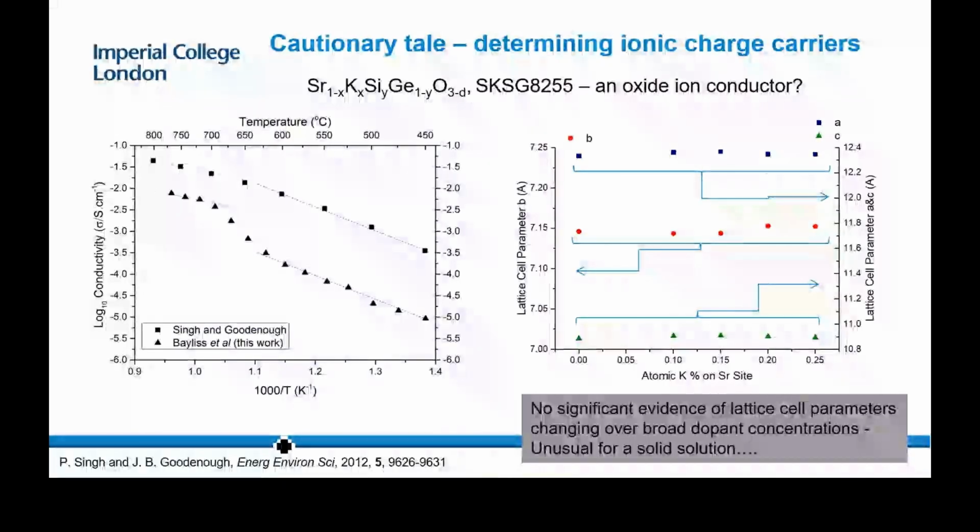So we thought, okay, let's look at it more in detail. So let's look at the lattice parameters as a function of the potassium content on the strontium site. So no evidence of lattice parameter evolution as a function of composition. So that raised a few flags as well, because if you have a solid solution, you should see lattice parameter variation.